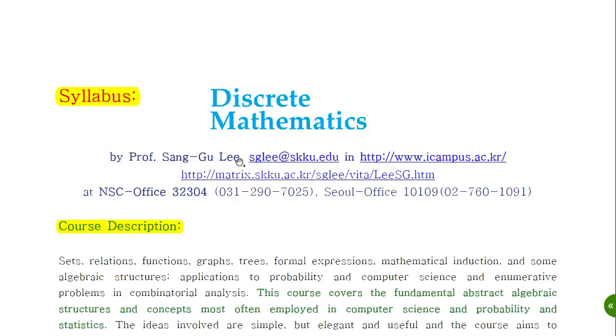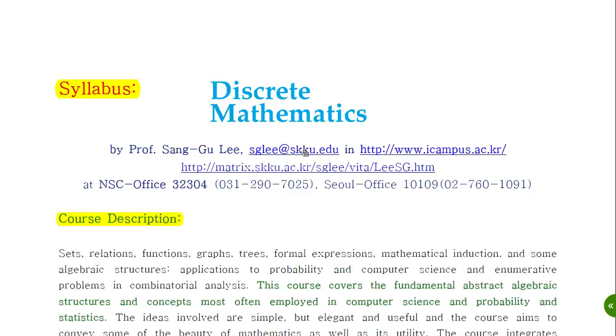Okay, my name is Lee Sang-gu, and this is my email address, sg@skku.edu. We will use iCampus of Sungkyunkwan University to communicate with each other in Q&A.